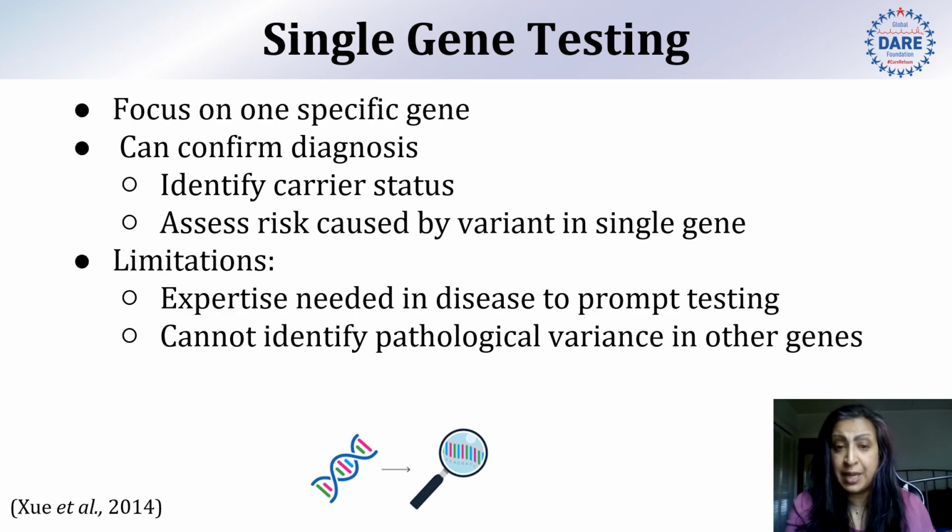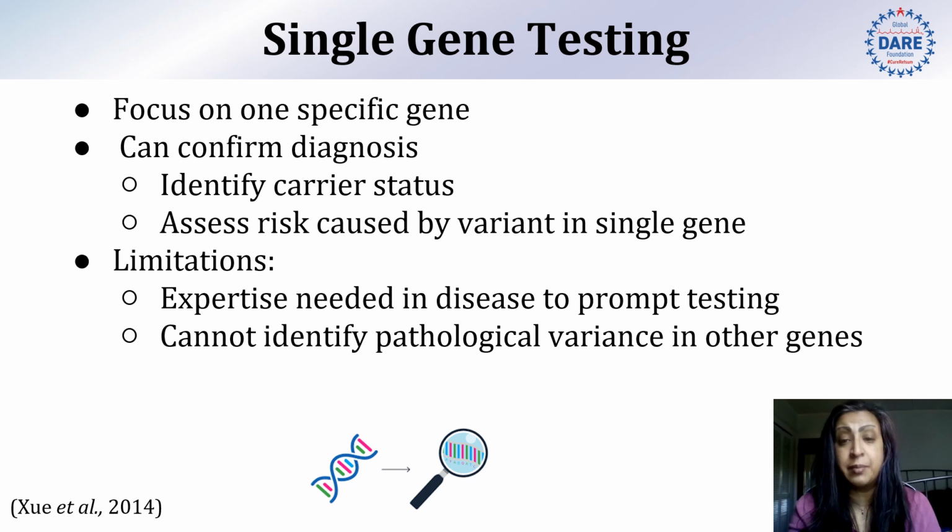And then that information, if that variant is there, or if there's an error there, can tell us if the symptoms that a patient is experiencing is due to that variant in that gene or not.